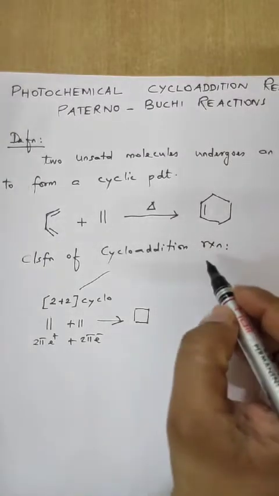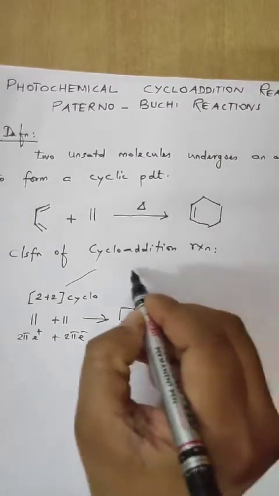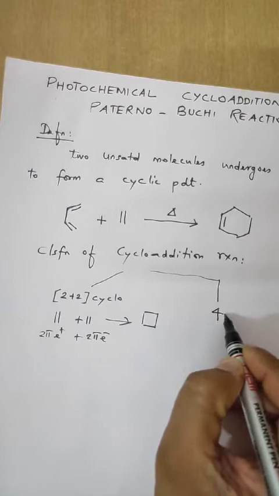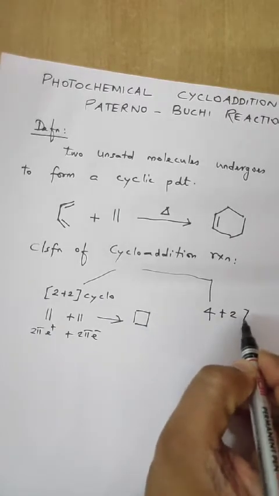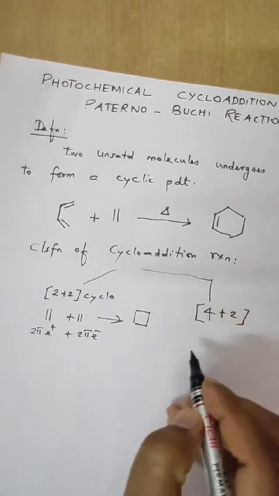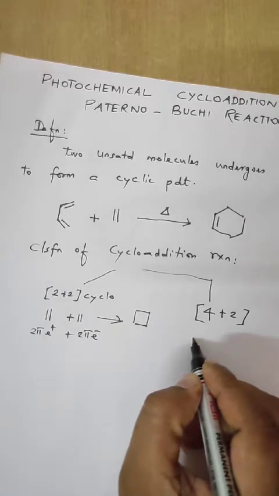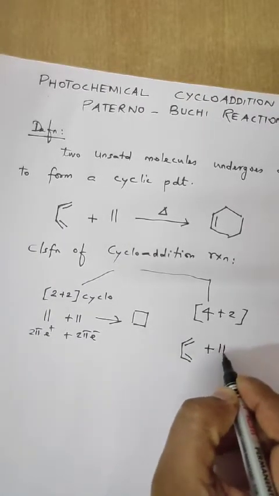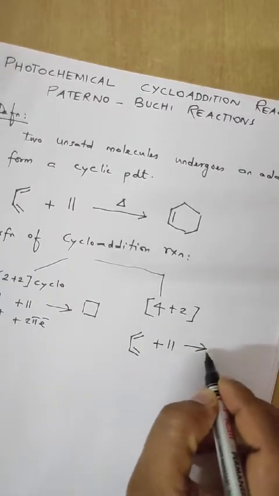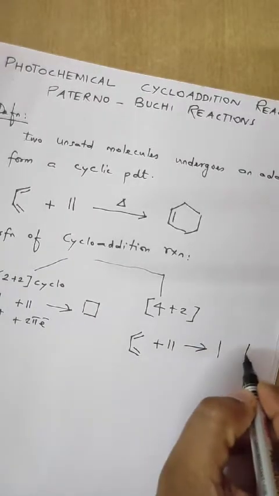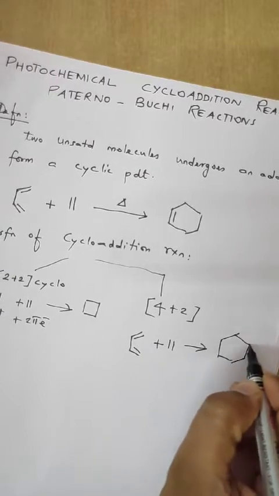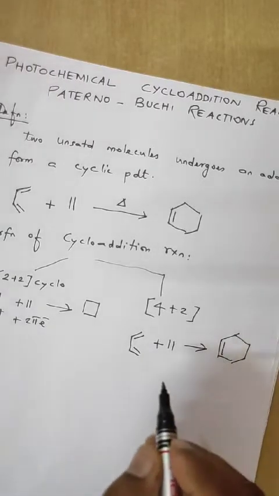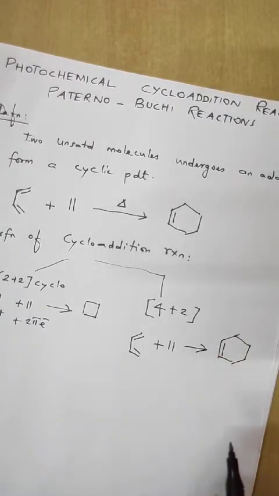Now the other one is the 4+2 cycloaddition reaction. Butadiene plus alkene to give a cyclic product. This is 4 pi and 2 pi.